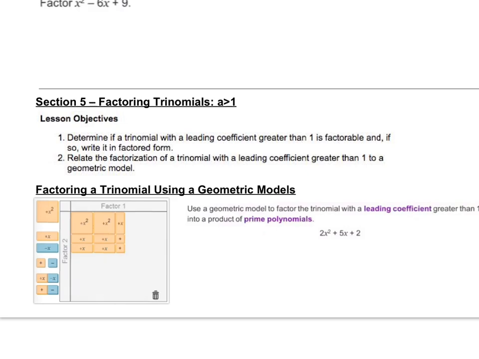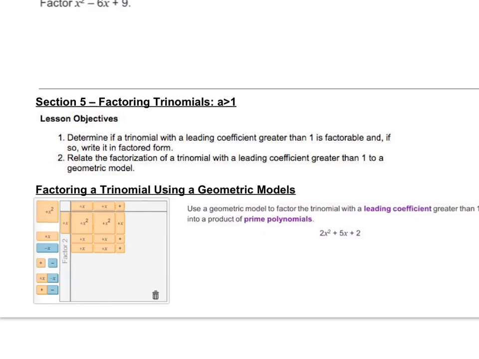Then you go straight for how many x's would go here, and you'd put 2 here. Then you'd put an x here as well to get x squared, since x times x gives you x squared. Then x times what would give you another x? That would put a single digit right there.